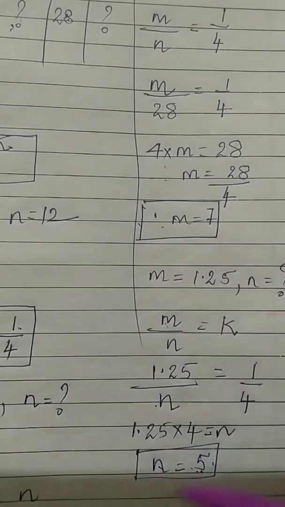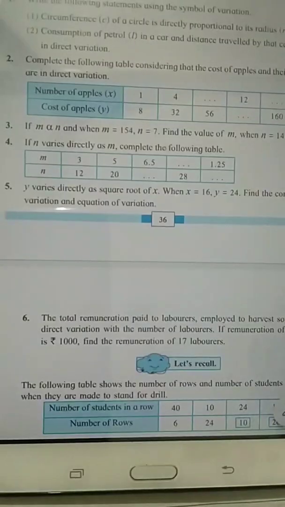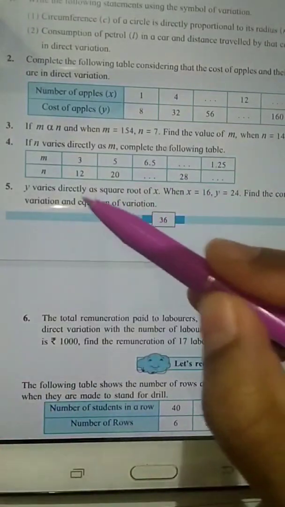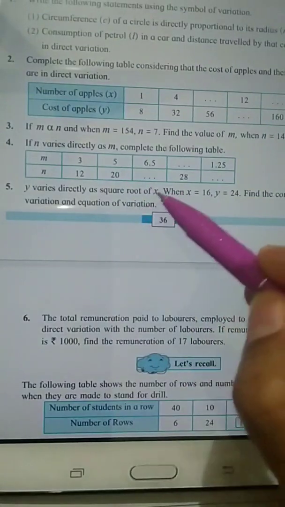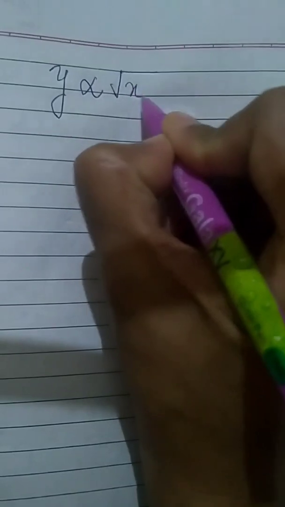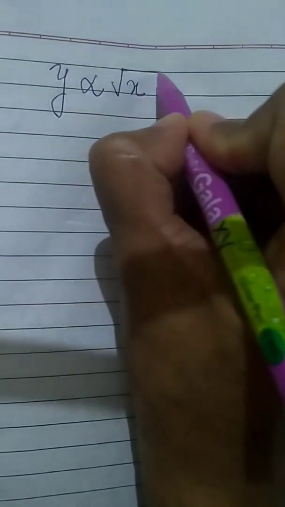Now we go on to the fifth sum. The fifth question is, y varies directly as the square root of x. So let us write it down. y varies directly with the square root of x. Okay, written square root of x.